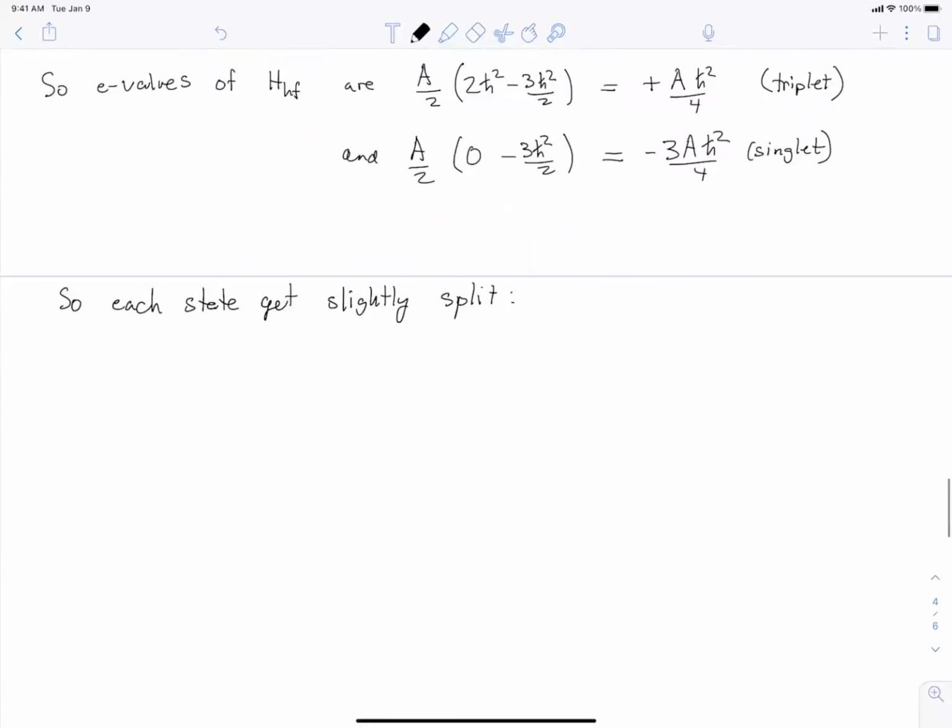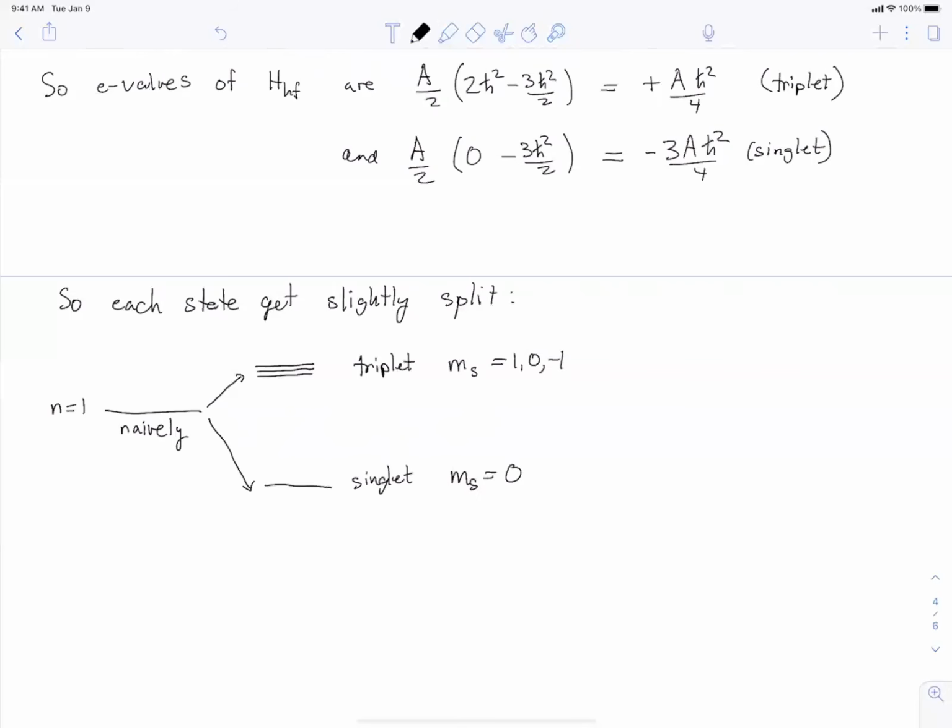Okay, and so if I, for example, consider the ground state with n equals 1, naively, up till what we had done so far, there was just one state there, but now the triplet is going to be slightly higher, and so there are 3 states up here that are still degenerate. The triplet states with m_s total is 1, 0, and minus 1, and then there's the singlet state, which goes down by 3 times as much. Okay, and so that's m_s equals 0.